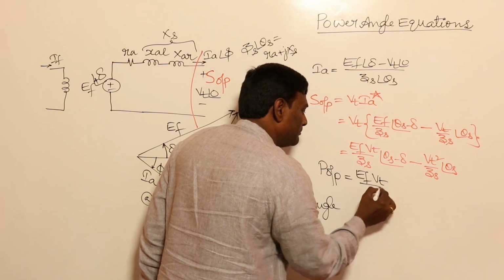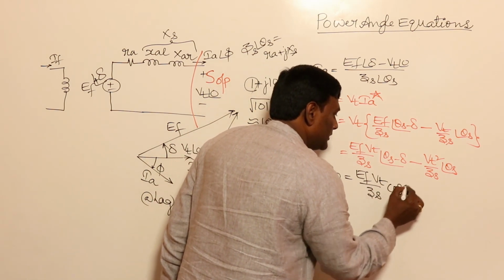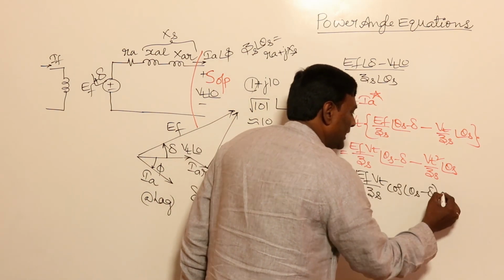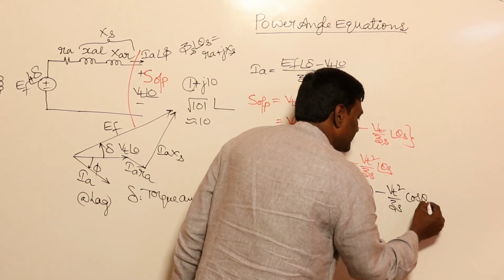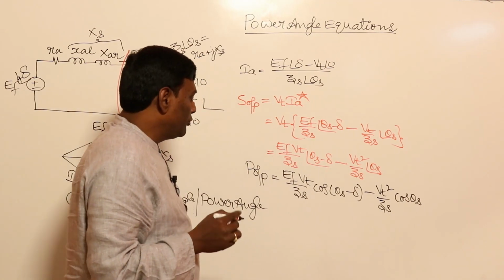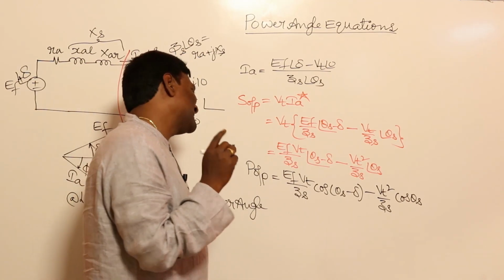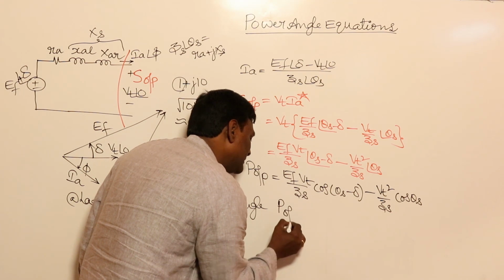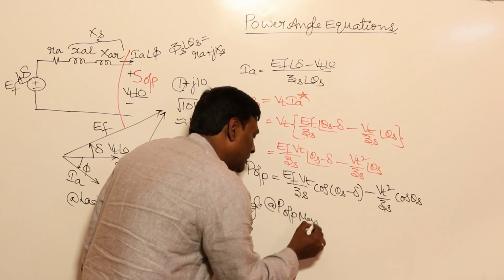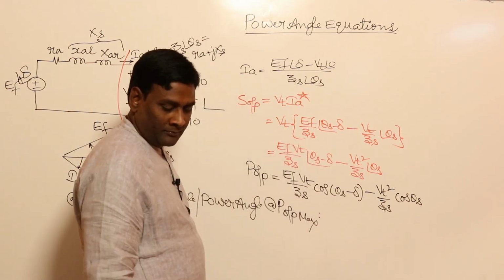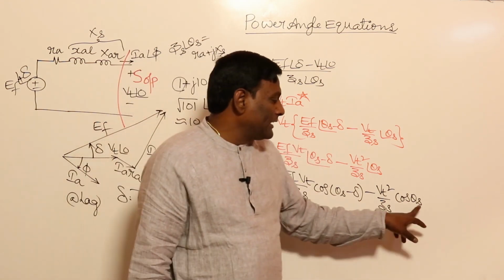The power output is EF VT by ZS cos of theta S minus delta, minus VT square by ZS cos theta S. Now, when the output power is going to be maximum, for example P out maximum, what is the condition? Can I say theta S?